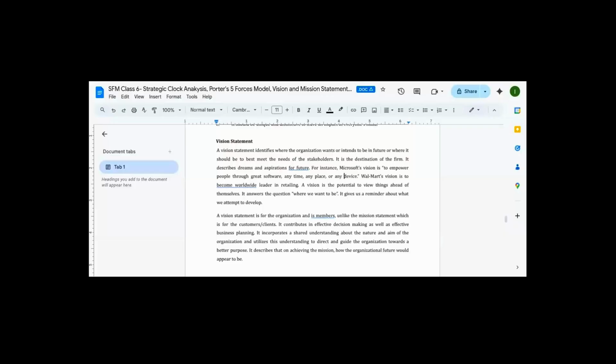So what is the Walmart vision? The Walmart vision is to become worldwide leaders in retailing. All companies have their vision statement. MTN has its own, First Bank has its own, Access Bank has its own, Dangote has its own, McDonald's has its own. Even all states and governments have their own.